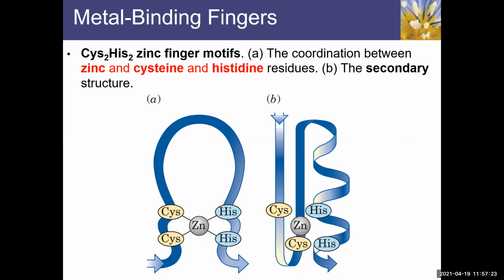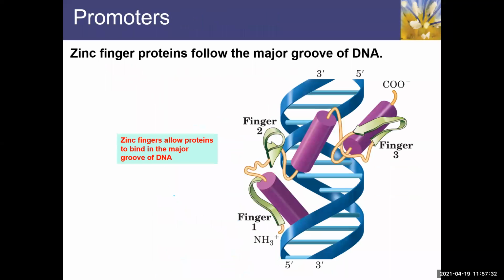We spoke about the metal binding fingers, also called zinc fingers, if you remember. As you can see over here, these zinc fingers interact with a specific site on the DNA. They recognize the specific hydrogen bonding on the DNA and bind to it.